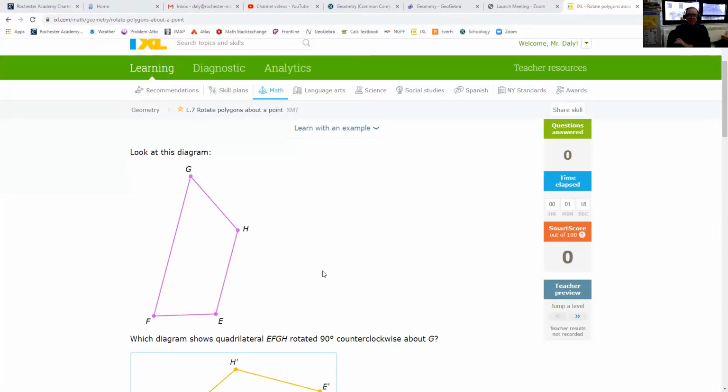Okay, so we've got this quadrilateral and we want to rotate it 90 degrees counterclockwise about G. All right, so what I want to do is switch my share over to my document camera now. I hope this works.